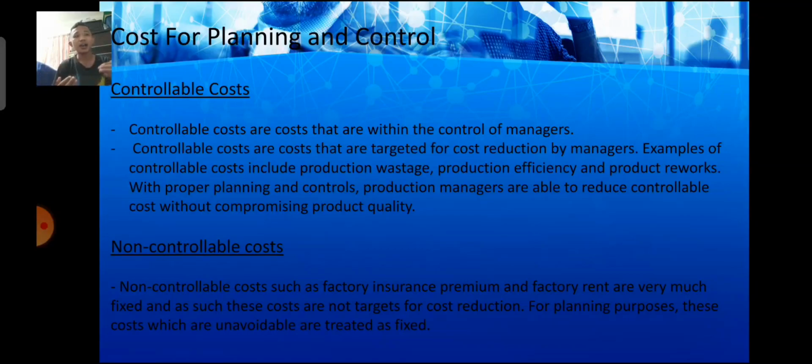It cannot be high in January and lower in February. Even if my production is increased in January and decreased in February, will it impact the rent? Of course not. Even if I get higher or lower production, the cost for rent is still the same.